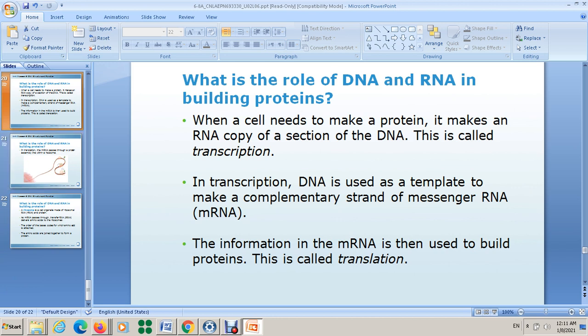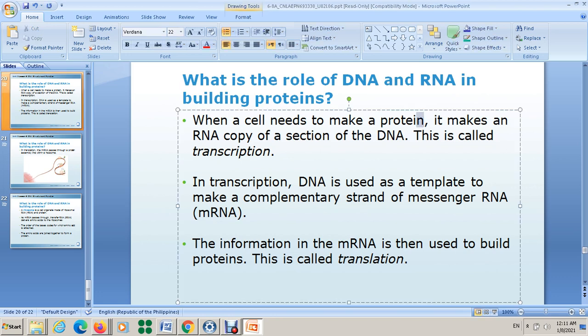There are three types of RNA: messenger RNA, ribosomal RNA, and transfer RNA. Let's start at the beginning. When a cell needs to make a protein, it makes an RNA copy of a section of the DNA.